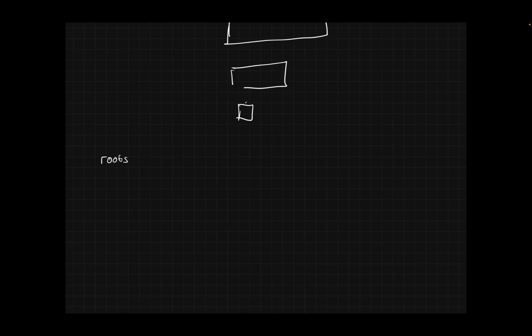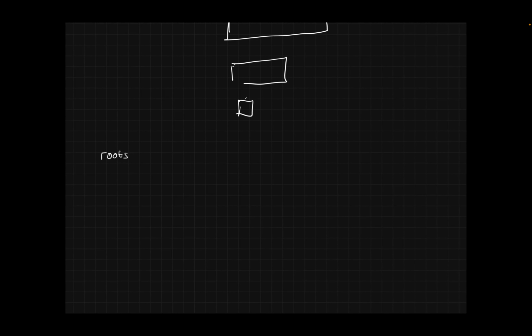So FFT, roots of unity. Why is it important? The goal is that you have a polynomial f of x, right? And you want to evaluate this polynomial at n points. That's how you get the code word.